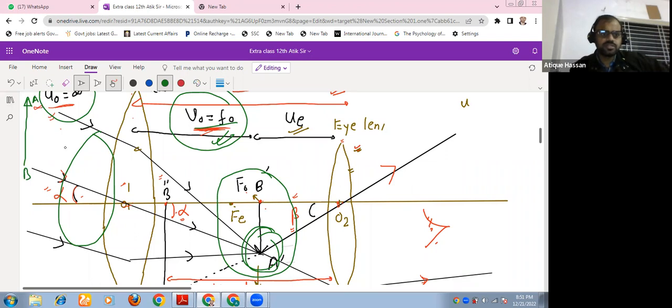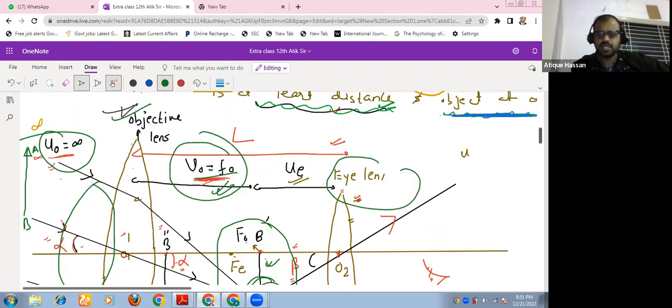So the first image is A dash B dash. Got it? Now what will happen? This image of object AB, this image A dash B dash, will act as an object for the eye. This is the eye lens. So this will act as an object for the eye lens.